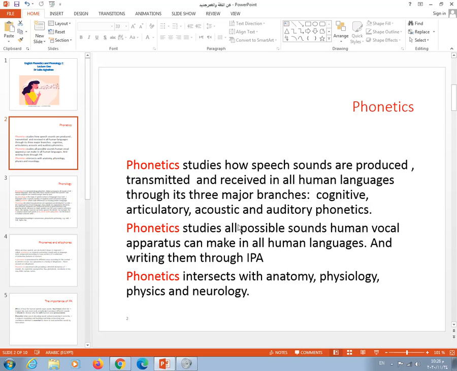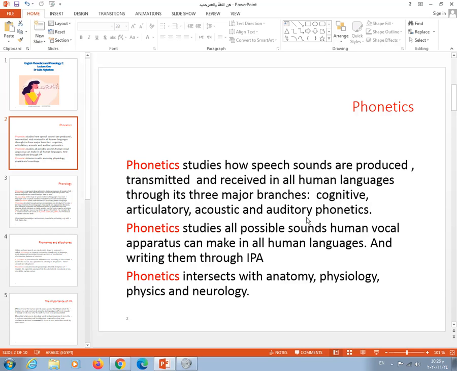branches of phonetics: articulatory phonetics, dealing with the production of speech; acoustic phonetics, dealing with the description of the physical properties of speech sounds when they move from the mouth of the speaker to the ears of the listener in the form of sound waves.